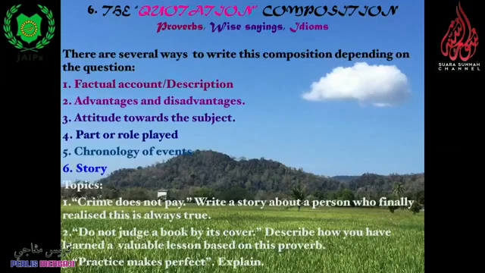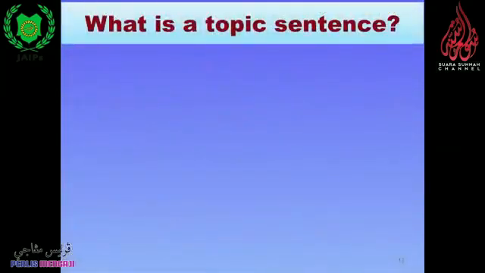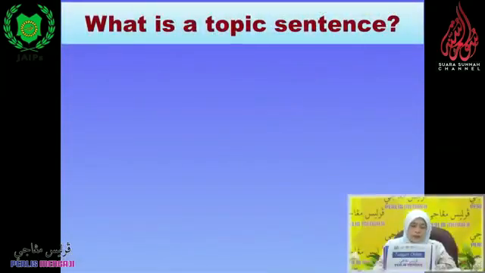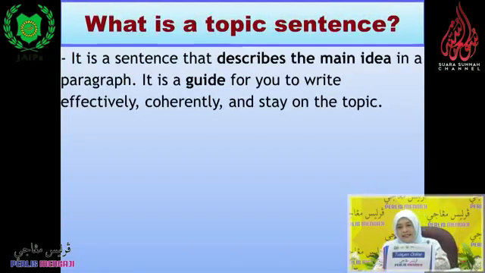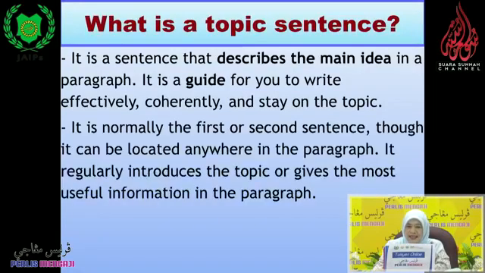Now, what is a topic sentence that I have mentioned to you? It is a sentence that describes the main idea in a paragraph. It is a guide for you to write effectively, coherently, and stay on the topic. That is what we call a topic sentence. It is normally the first or second sentence, though it can be located anywhere in the paragraph.